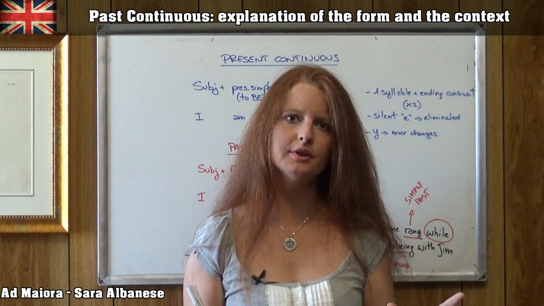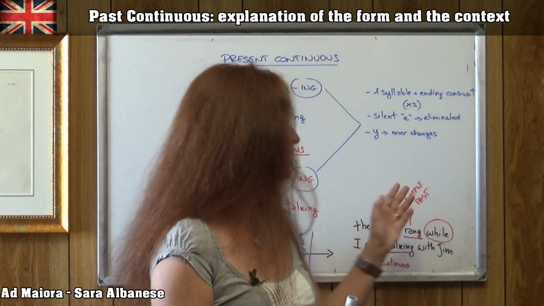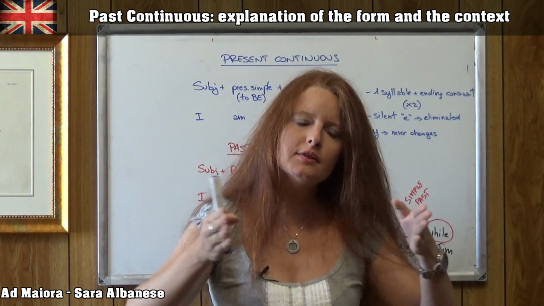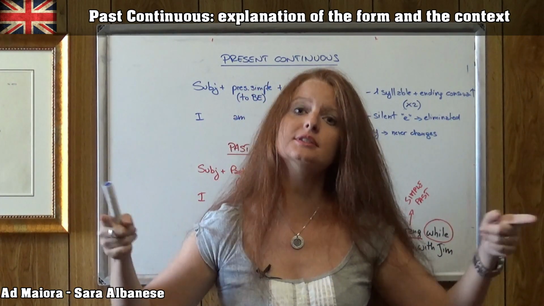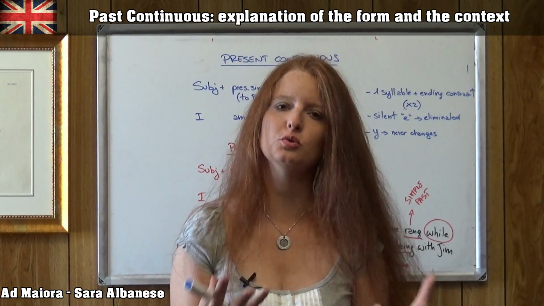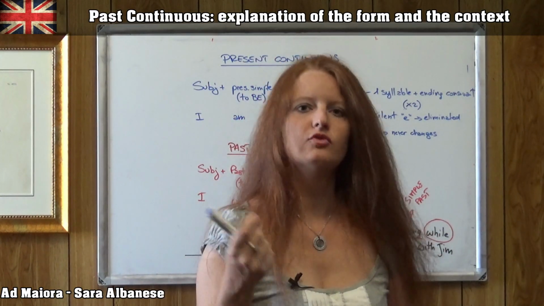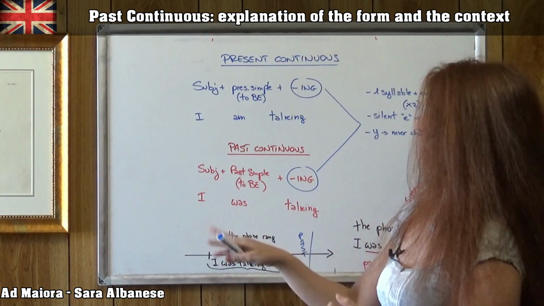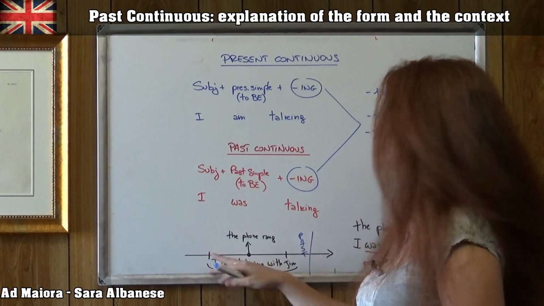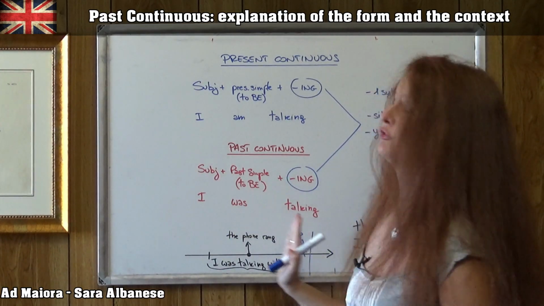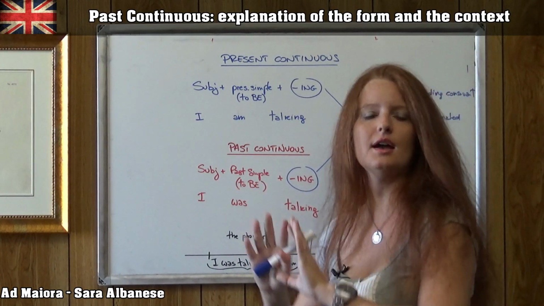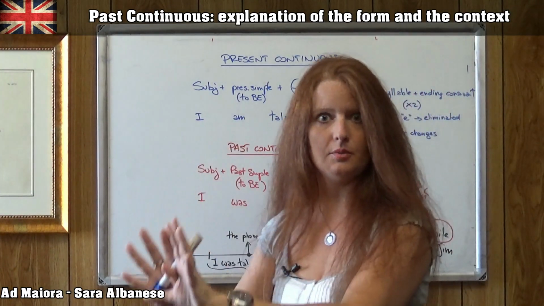So something happened, the phone rang, it's a simple past, while, so during that period of time in the past in which I was, in this case, talking with Jim or doing something else. Very easy idea, very easy image, this timeline. We are obviously talking of the past, because it's past continuous, so anything here is happening in the past.